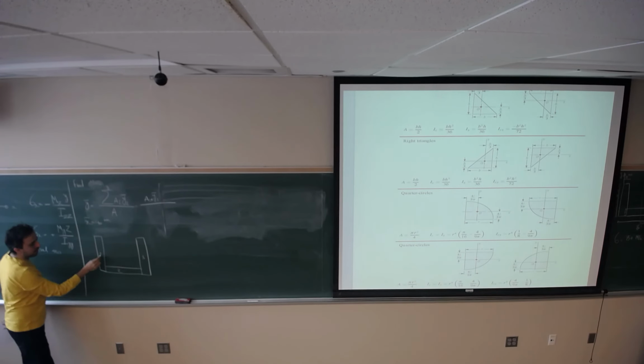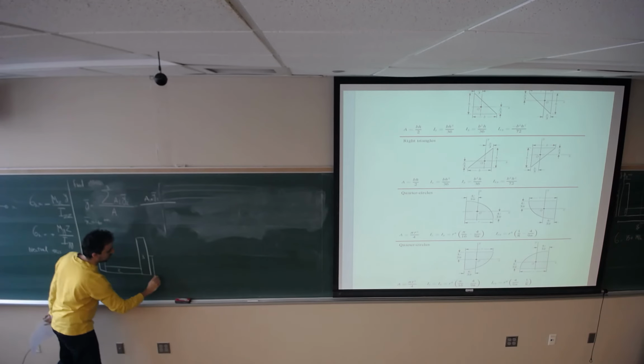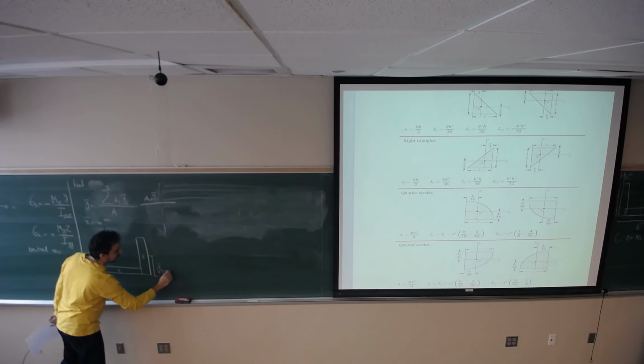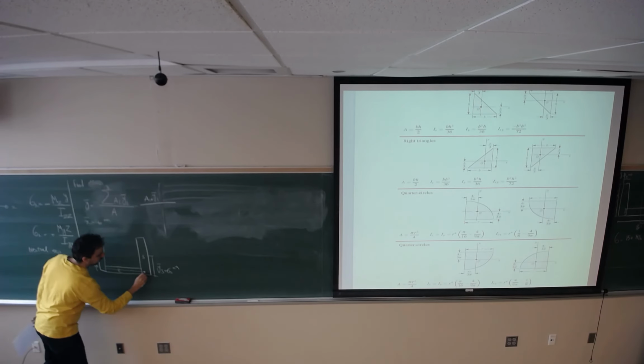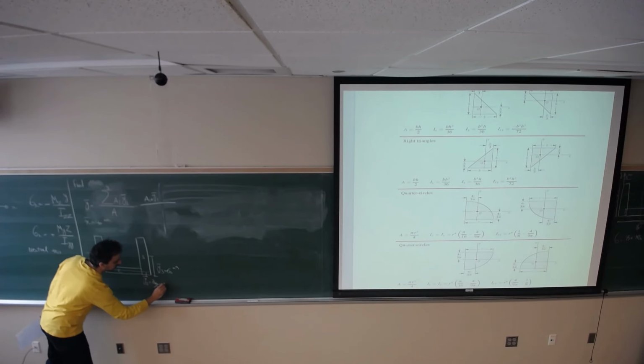Where is the Y bar 1? For this rectangle, it's going to be at the middle. Y bar 1 would be 120 divided by 2, 60 millimeter. For this one, Y bar 3 is 60 millimeter, and for this one, Y bar 2 is 8 millimeter divided by 2, which is 4.